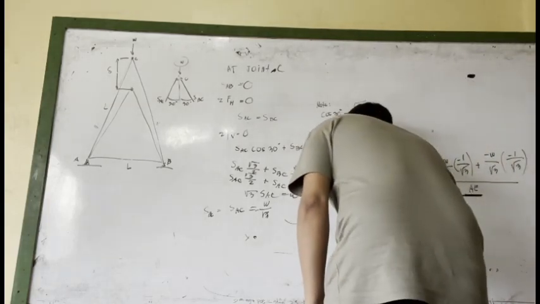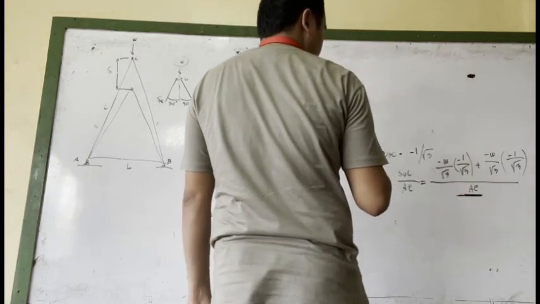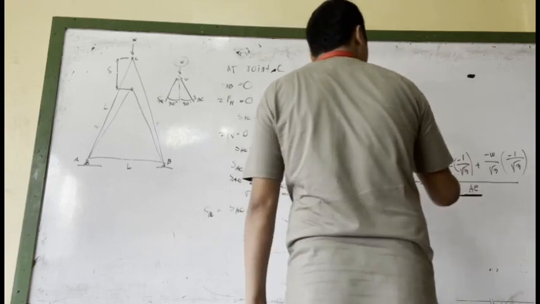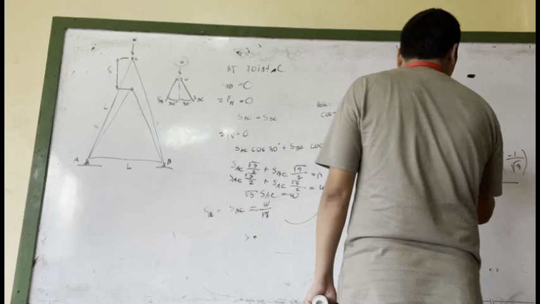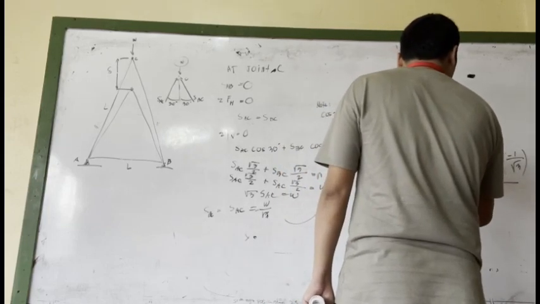Here we can get the equation by simplifying this one. Square root of 3 times square root of 3 cancels out the square root.